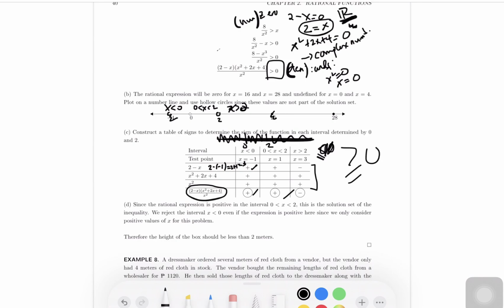We cannot have x less than 0 because that involves negative numbers. So our answer is only from 0 to 2. So the possible height is from 0 to 2. Therefore, the height of the box should be less than 2 meters.